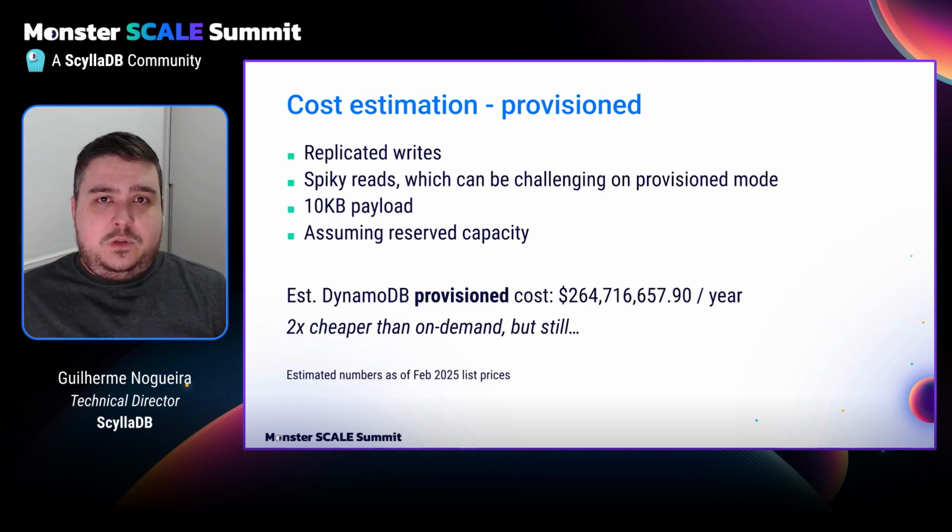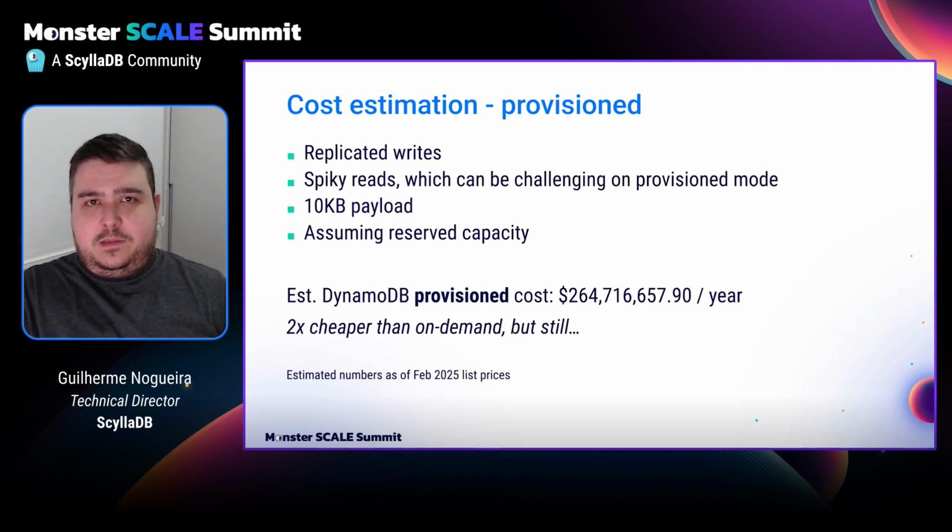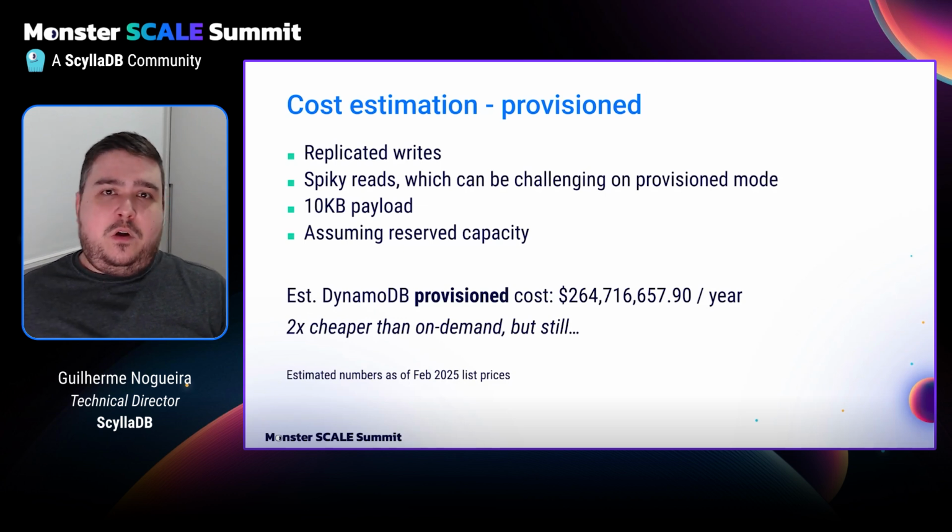So latency from users might climb, and you would see a lot of latency, P99 specifically, from the user perspective. And this, of course, assumes reserved capacity, because that's the cheapest mode to run provisioned, but still it's challenging to compute all of that beforehand to reserve the capacity.